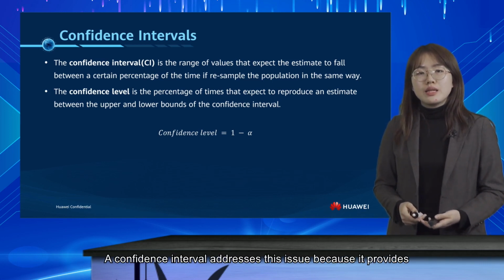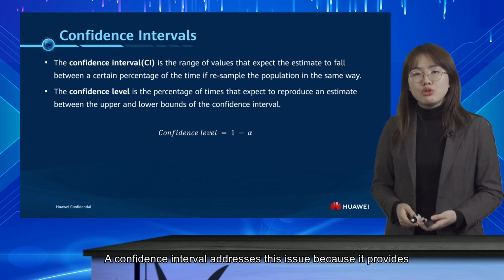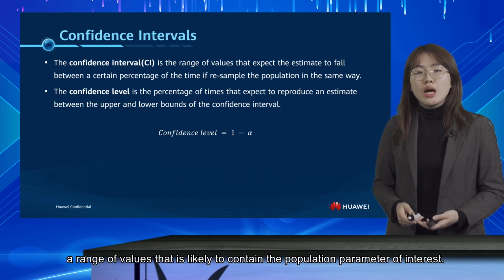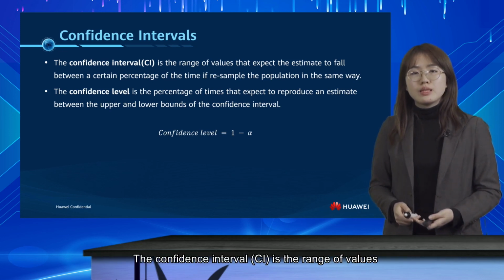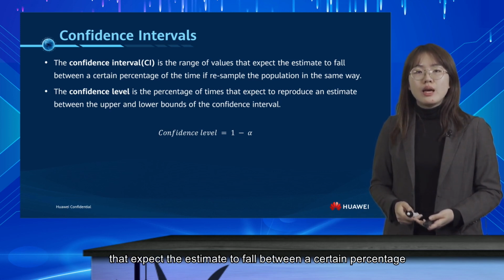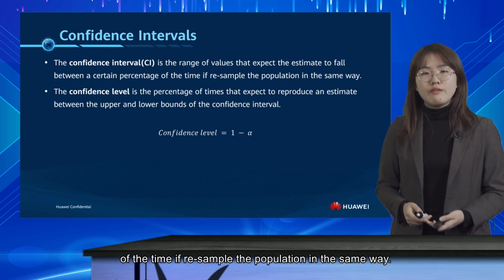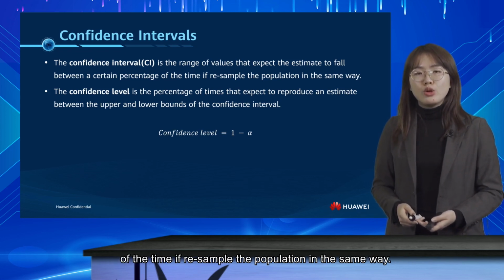A confidence interval addresses this issue because it provides a range of values that is likely to contain the population parameter of interest. The confidence interval, CI, is the range of values that we expect the estimate to fall between a certain percentage of the time if we sample the population in the same way.